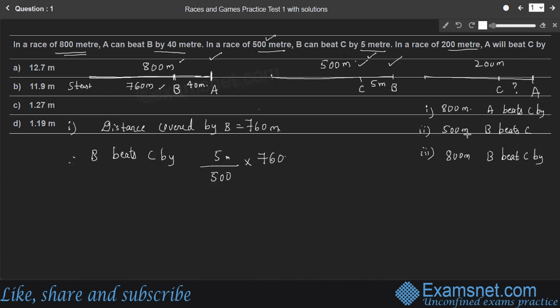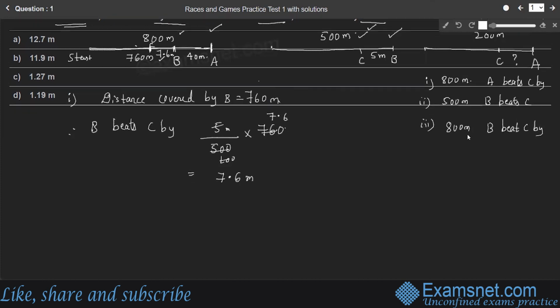What is the position of C? So B beats C by 5 into 100, and 100 into 7.6 is 76. Therefore, B beats C by 7.6 meters, right? Therefore, the position of C will be somewhere here, such that the B to C distance is 7.6, not A to C. So the B to C distance is 7.6.